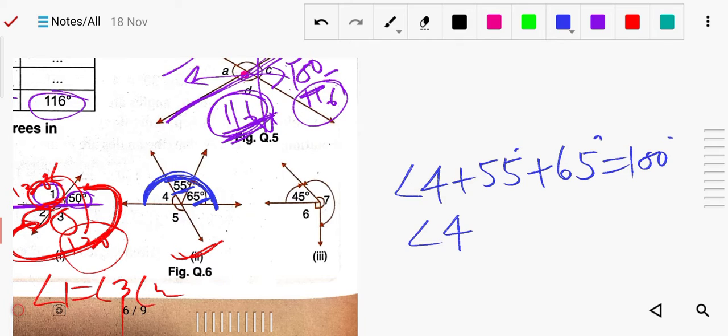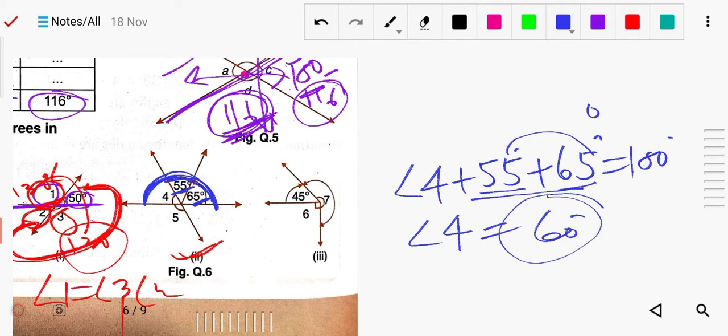When you add these two, it will be 120, and that side it will go, so you will get 60 degrees. So angle 4 is 60 degrees.